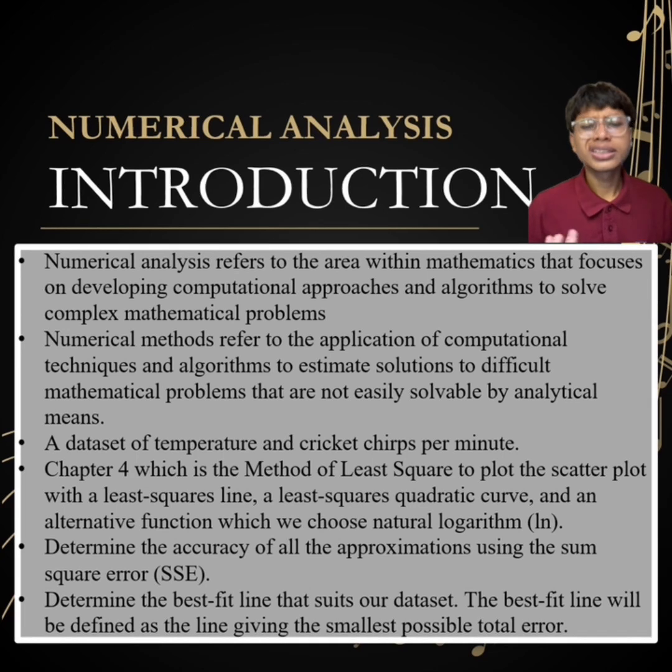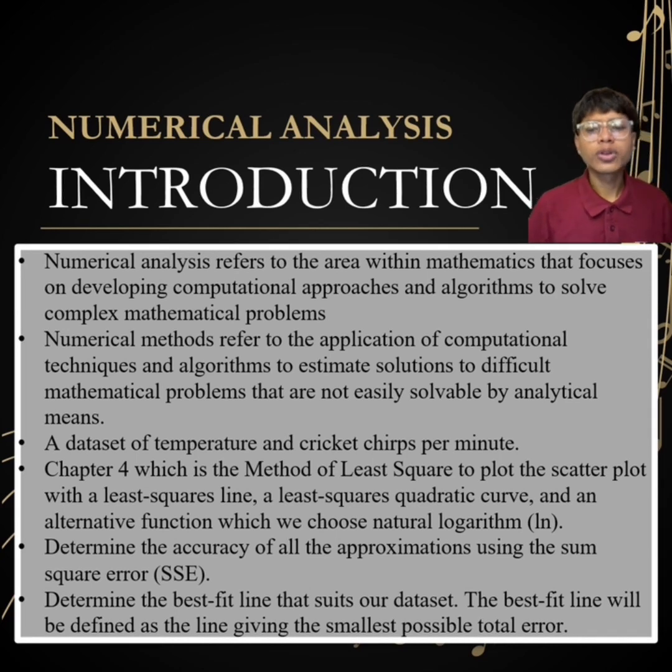We plot the scatter plot with a least square line, a least square quadratic curve, and an alternative function, for which we choose the natural logarithm, ln. Next, we make calculations and plot all the curves.